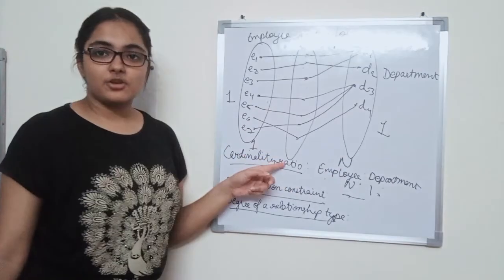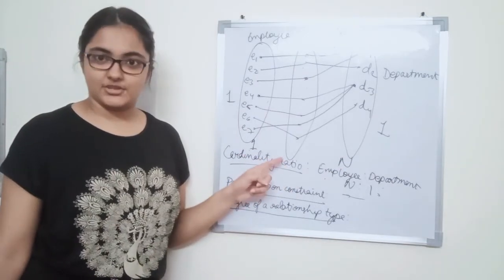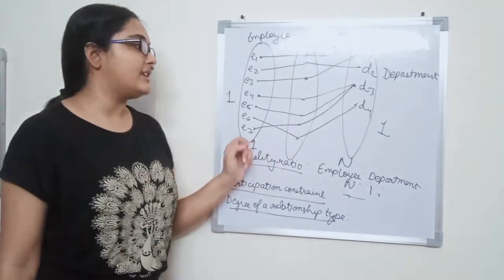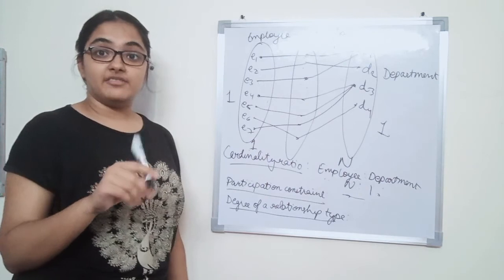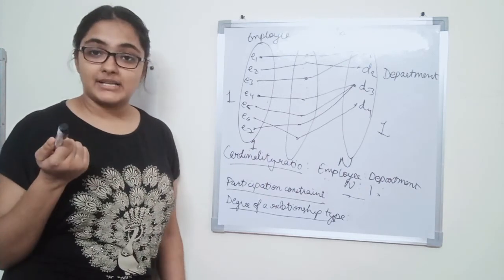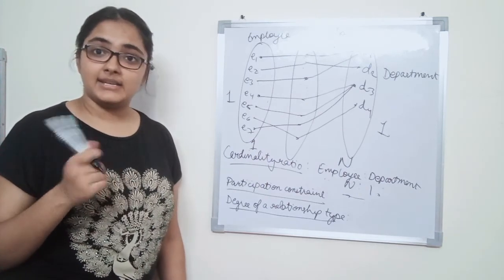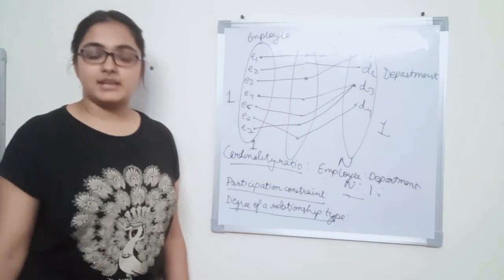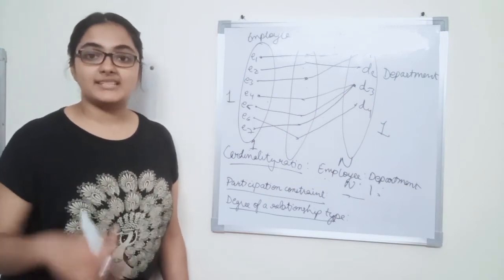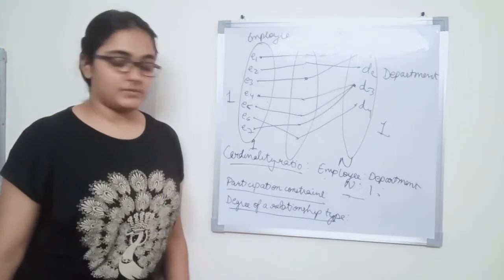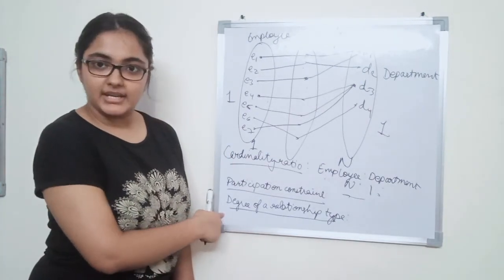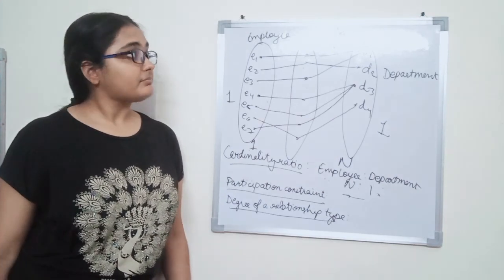So it is called a binary relationship. Sometimes there can also exist a relationship in which there are more than two participating entity types. If it has three participating entity types, then it is called a ternary relationship type. So this one is called a binary relationship type. That is the degree of a relationship type.